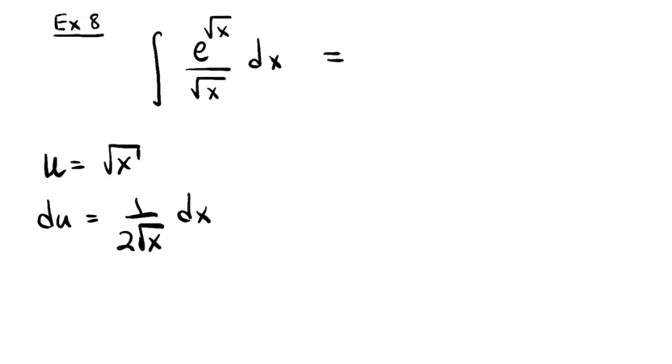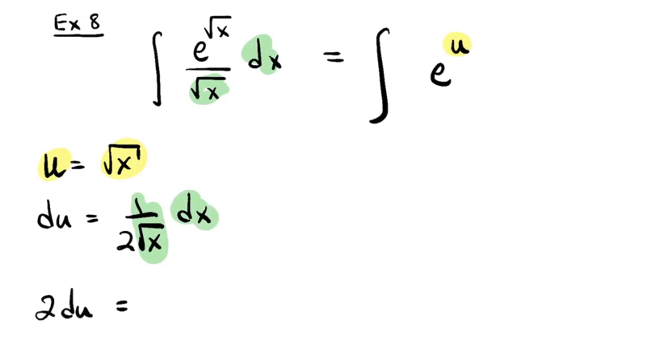So if I go to do my replacing, let me do my color coding here. So square root of x is u, yeah? So I'm going to write this as e to the u. That takes care of that part. And then what's left? Well, what's left is 1 over root x times dx. I see a 1 over root x times dx, and I can solve for it. It's 2 du.